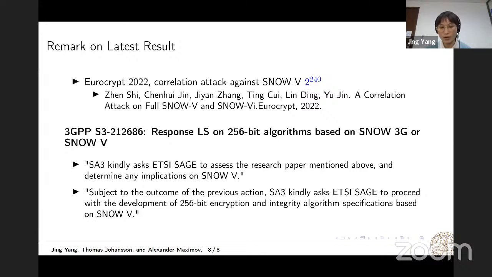And subject to the outcome of the previous action, SA3 kindly asks SAGE to proceed with the development of the 256-bit encryption and integrity algorithm specifications based on SnowB. So this indicates that SnowB might need to have some more modifications, but it can still be very promising for 5G use. So I think we can pay more attention.